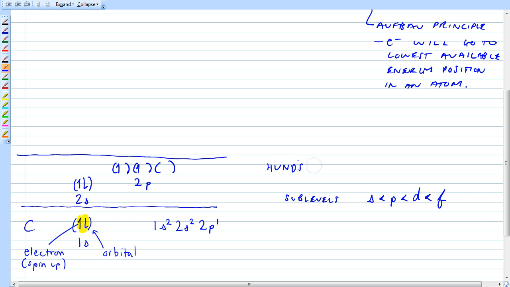And Hund's rule states that electrons don't pair up in an orbital until all orbitals have been occupied.